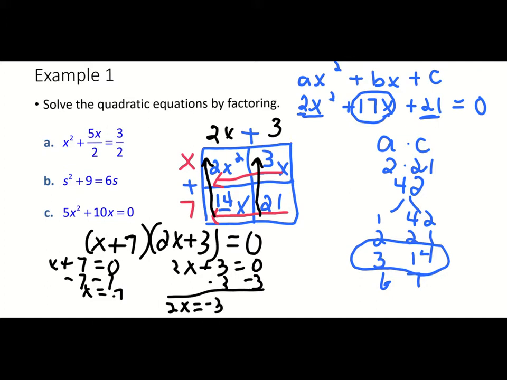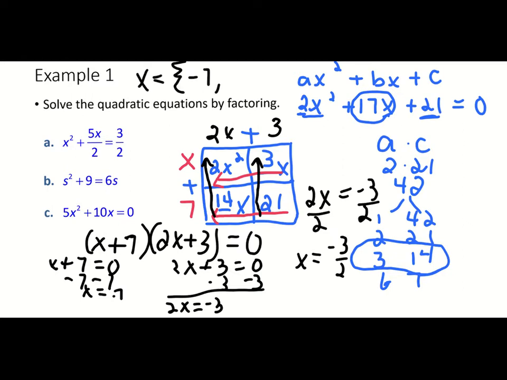I'm going to move it up here, divide by 2. And so x is going to equal -3/2. And when we write our answer, x is going to be equal to, and we'll put it in brackets, -7 and -3/2. Oops, brackets, not parentheses. There we go.